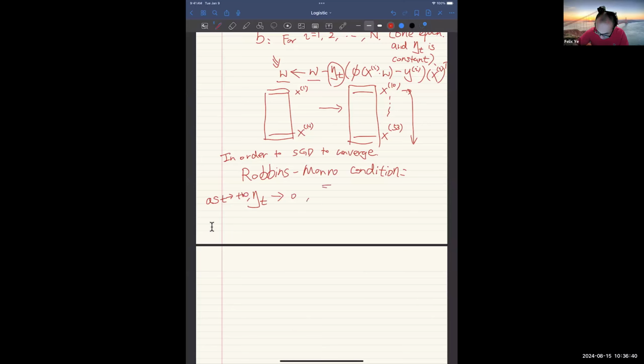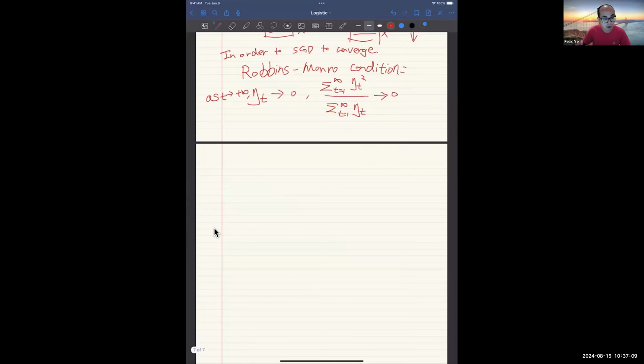And actually, there is some additional condition that needs to be satisfied: the sum of t from 1 to infinity of eta t squared, divided by the sum of t from 1 to infinity of eta t, also goes to 0. So that means the summation of eta t squared should go to 0 faster than the summation of eta t. So there are a couple of very useful choices of the learning rate.